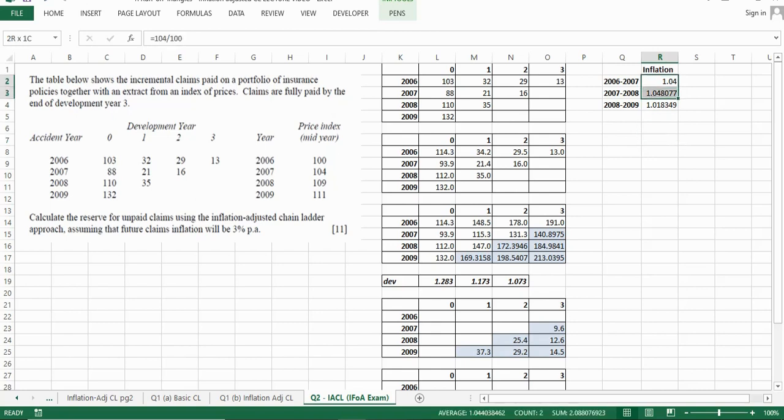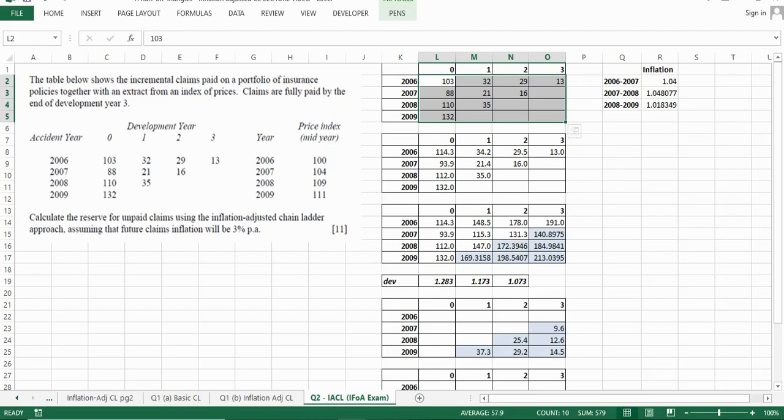So these are the inflation rates over the past years, and for the future years it is assumed to be 3% per annum.